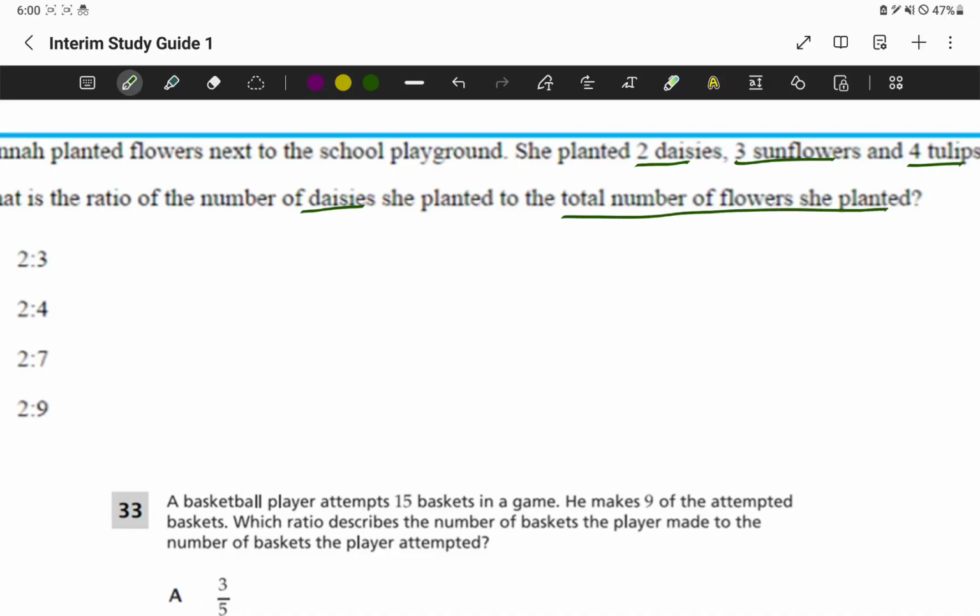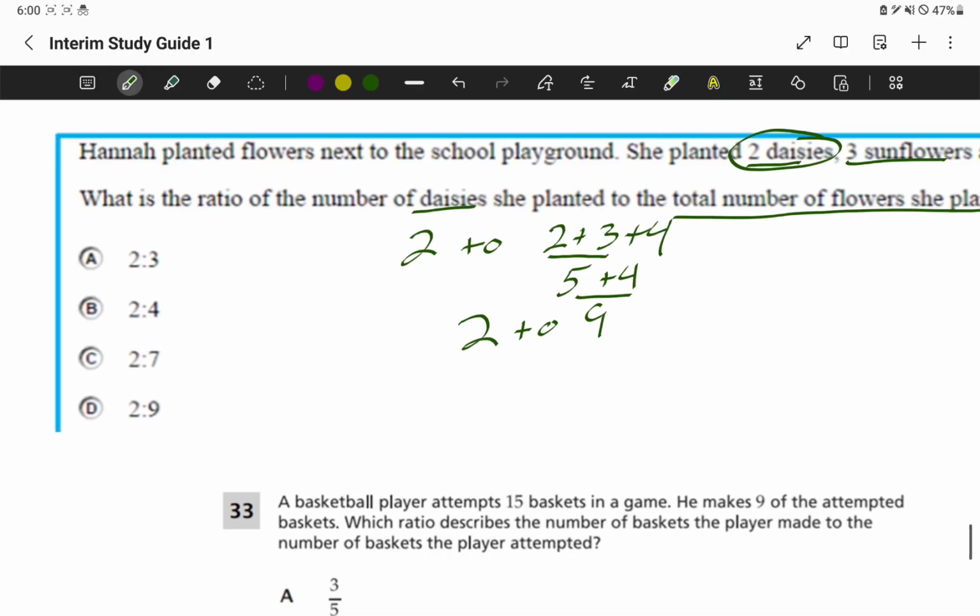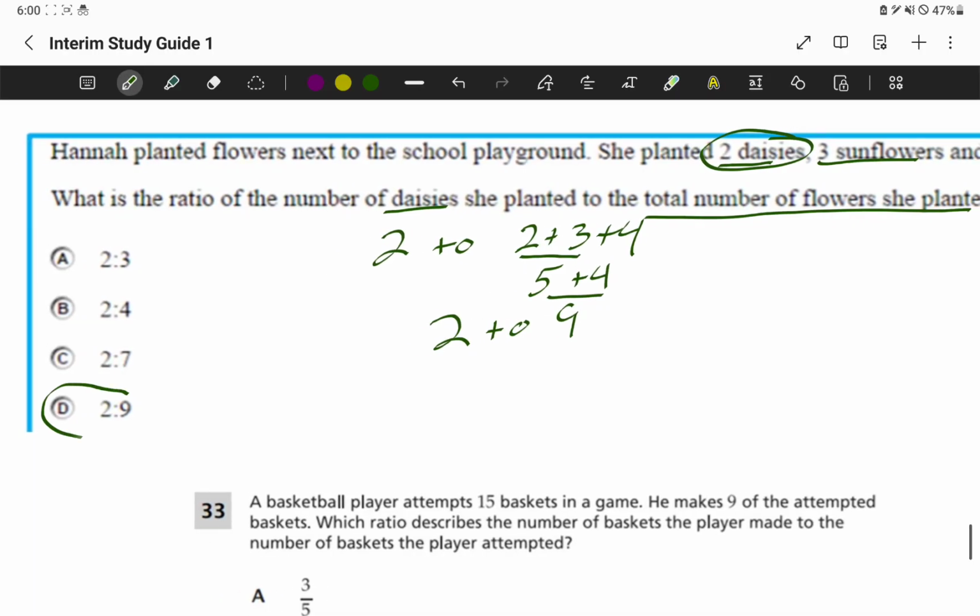Well, 2 daisies, and the total number of flowers is 2 plus 3 plus 4. Well, 2 plus 3 is 5, plus 4 is 9. So that's 2 to 9. And so that's D. Okay, 2 to 9.